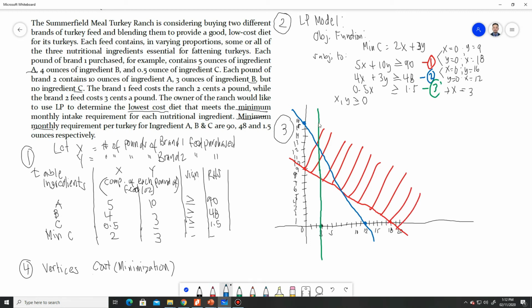And then for the second constraint, upwards. And for the third constraint, or the third line, since this is greater than or equal, we shade to the right.